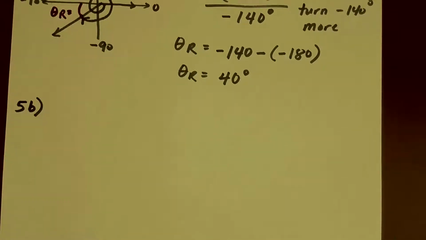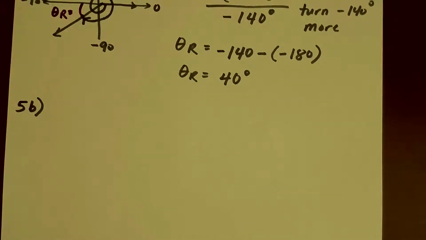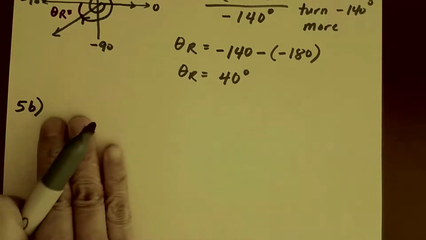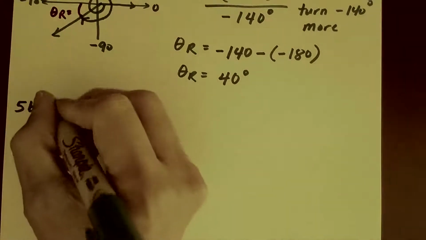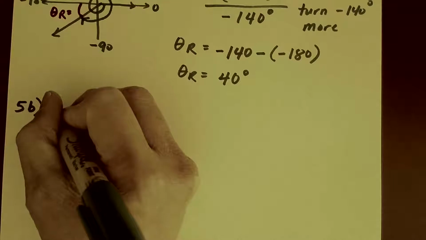So what does question 5 ask of us? It says, determine the measure of angles that are coterminal with the angle in the given domain, and then write the expression of the measures of all the angles that are coterminal with a standard position angle. There's quite a bit they want us to do.